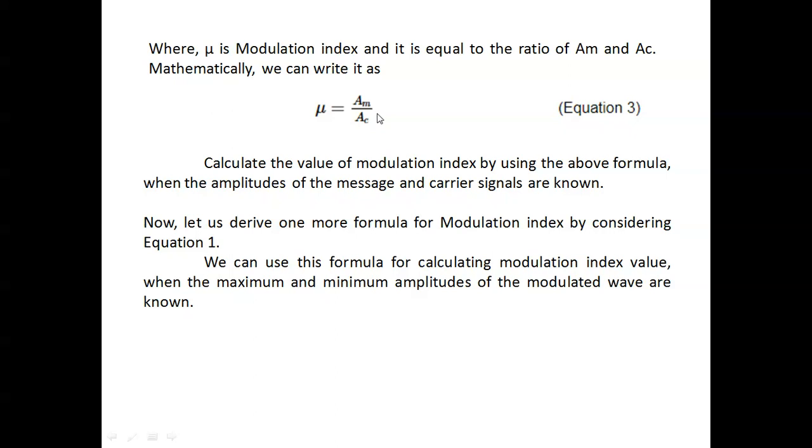It's the ratio of the amplitude of the message signal to the carrier amplitude. So from the above formula you can calculate the modulation index from any waveform, that means you can easily calculate it from an AM waveform.